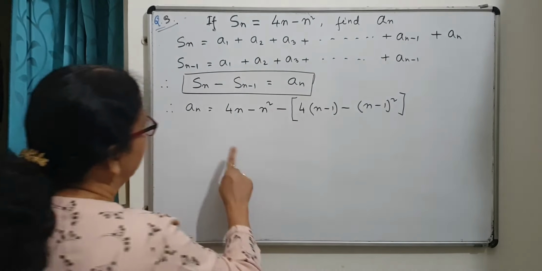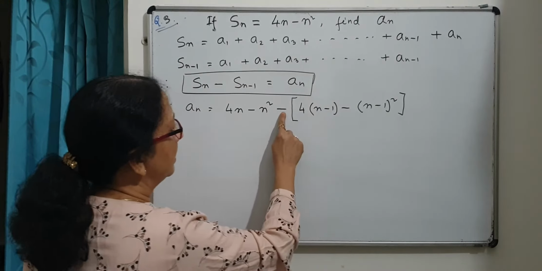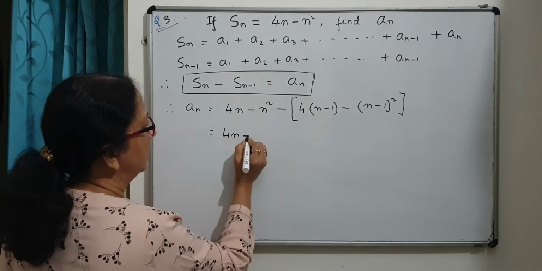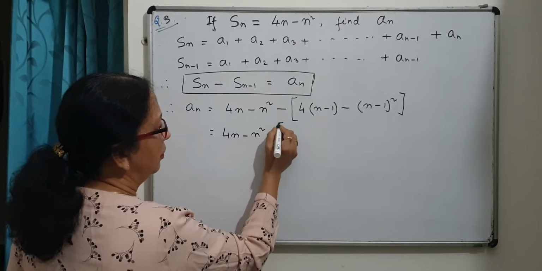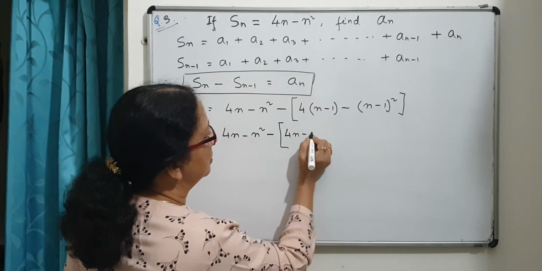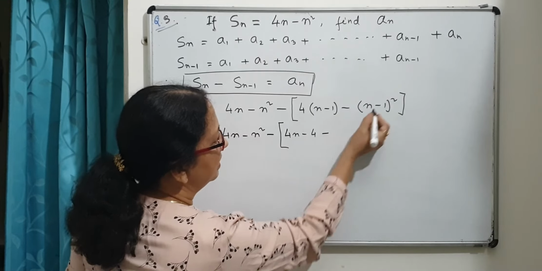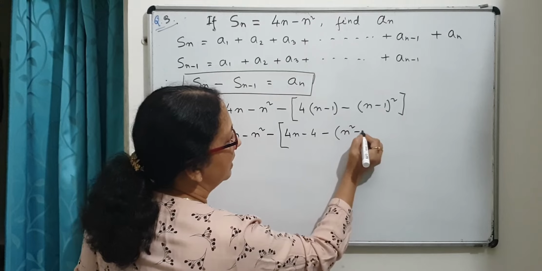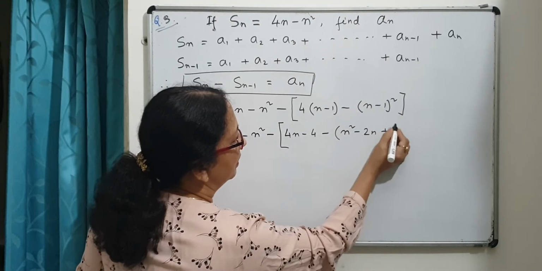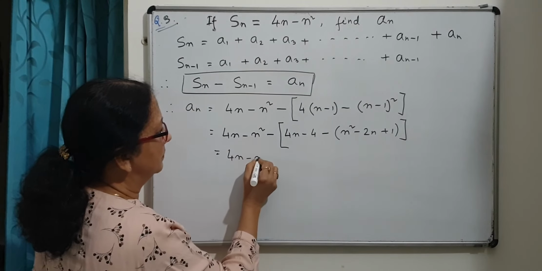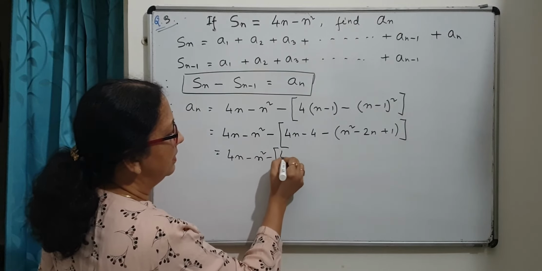But you have to be very careful while simplifying because of the signs. So I put a bracket. Let me open this: 4n minus n square. Before removing the bracket, let me simplify this: 4n minus 4, minus, again you put a bracket here. Identity: a minus b whole square is a square minus 2ab plus b square. Simplify.